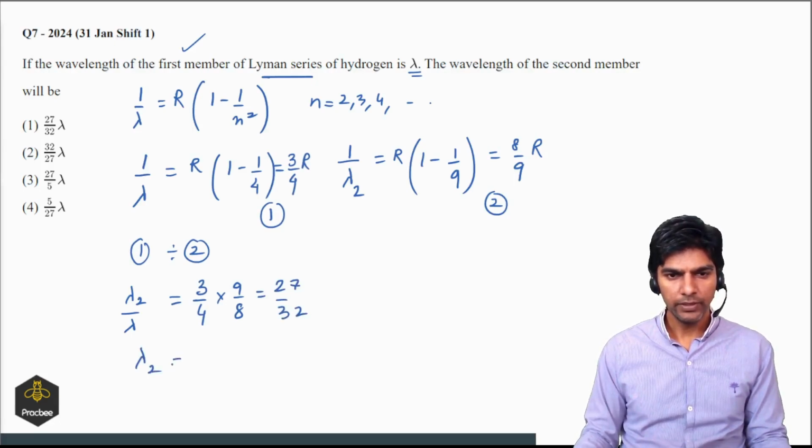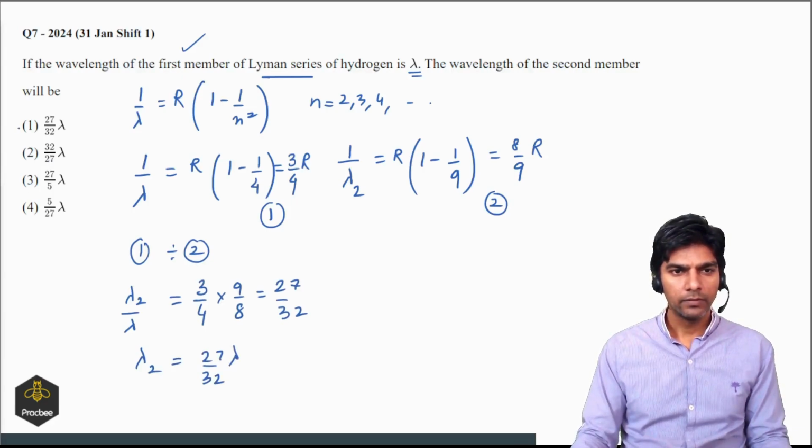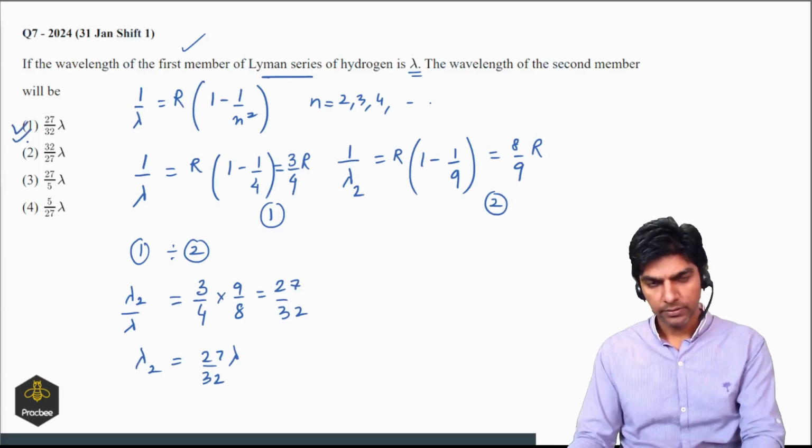So lambda 2 will be 27 by 32 times lambda. So option 1 is the right answer.